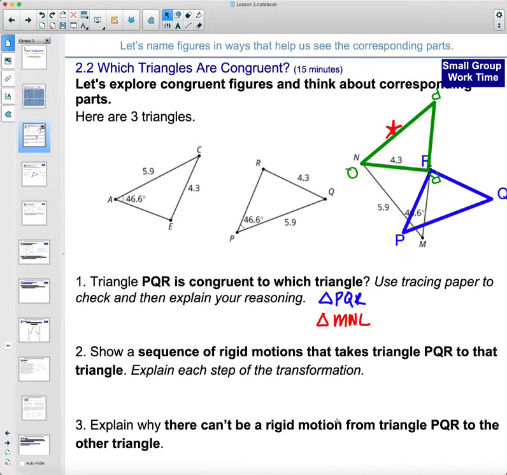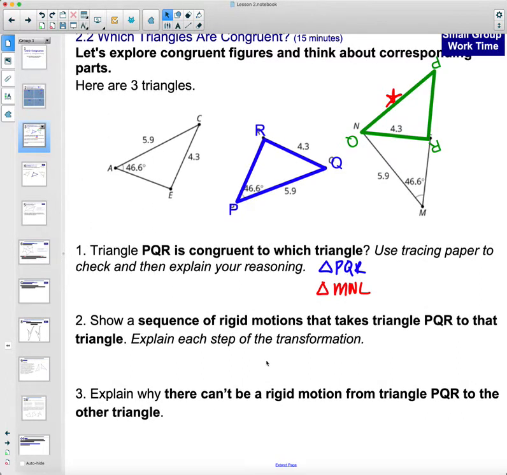Explain why there can't be a rigid motion from triangle PQR. So from this original PQR, how come this can't do a rigid transformation to this one? Okay, and that's because they aren't the same size. This angle E, this side AE, and angle C aren't the same. If you were to have laid it on here, this angle is the same, this side length and side length are the same, but these other corresponding parts aren't.